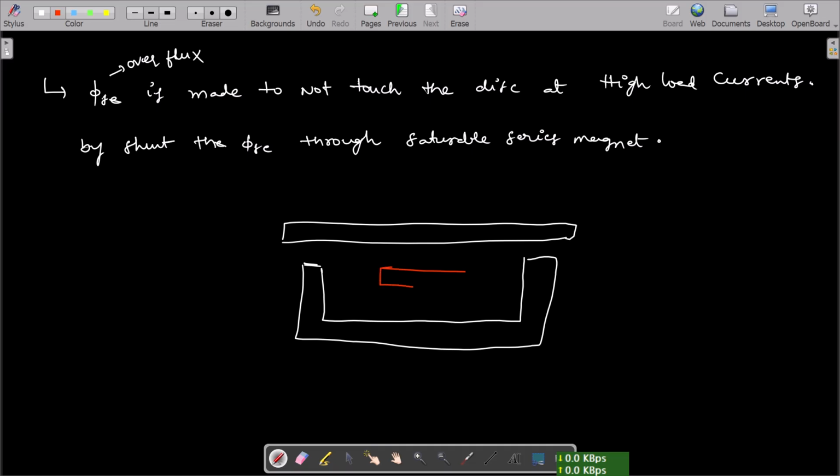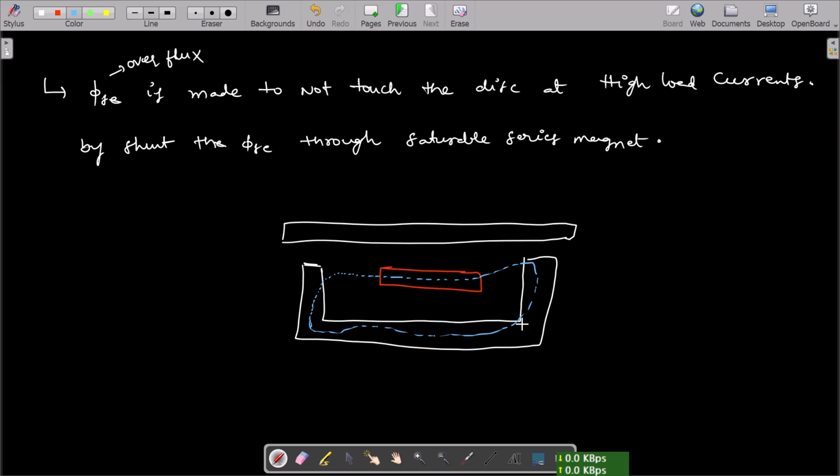Then the series magnetic overflux under high load currents finds a lesser reluctance path. It will pass through like this, and it is not made to touch the disc. Okay, this is the flux diversion. This red color is the saturable series magnet.